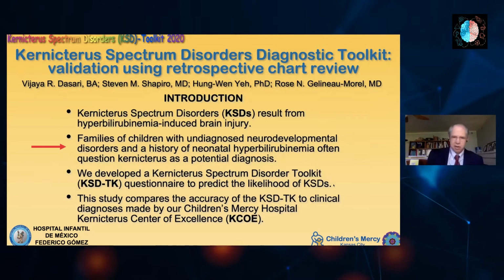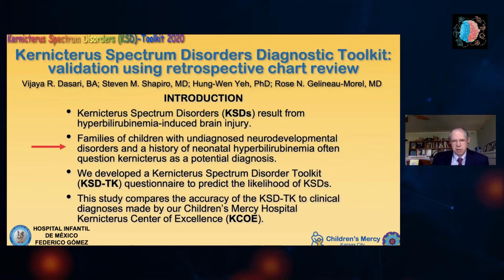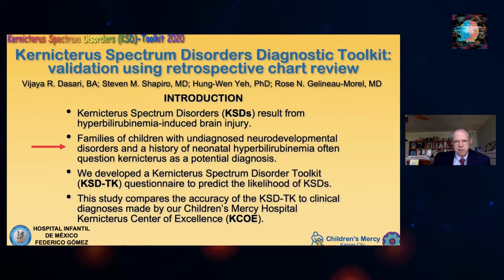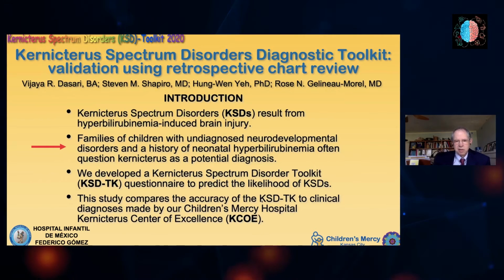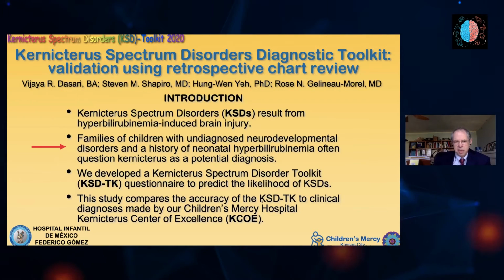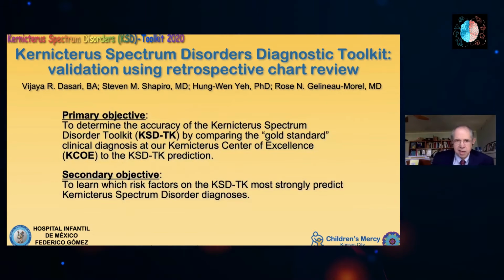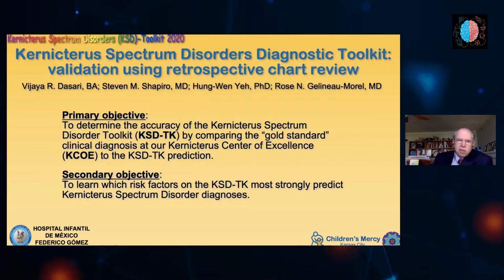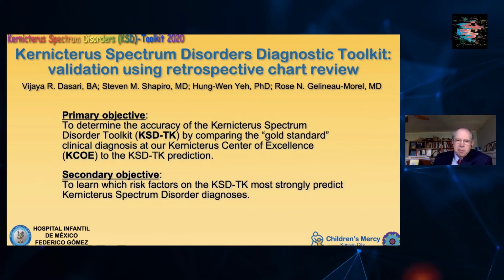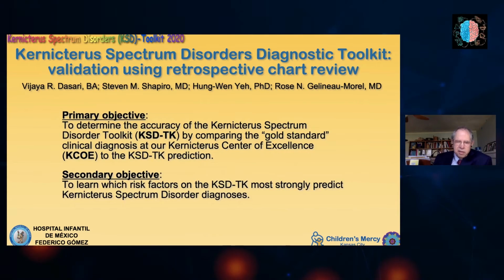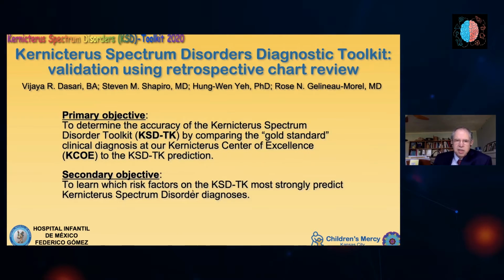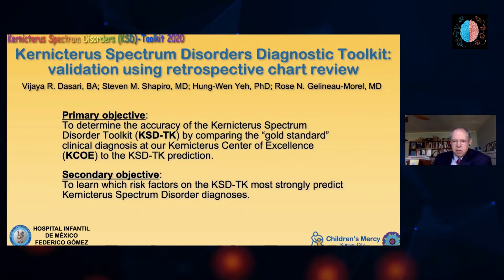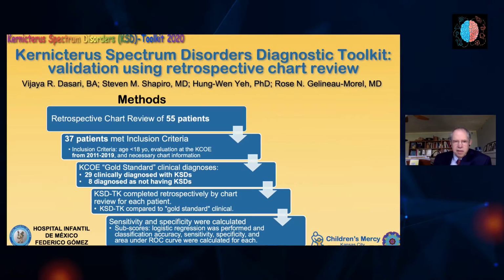And by that, I'm talking about the whole spectrum of kernicterus disorders I just described. And so we compared the accuracy of this toolkit to the clinical diagnoses we made in our Children's Mercy Hospital Kernicterus Center of Excellence. The primary objective was to determine the accuracy by comparing the toolkit to the gold standard, full evaluation, and secondarily to learn which risk factors on the toolkit most strongly predicted kernicterus.